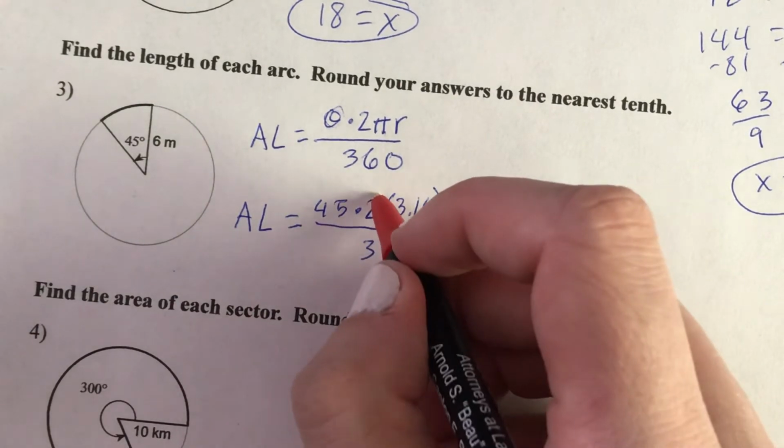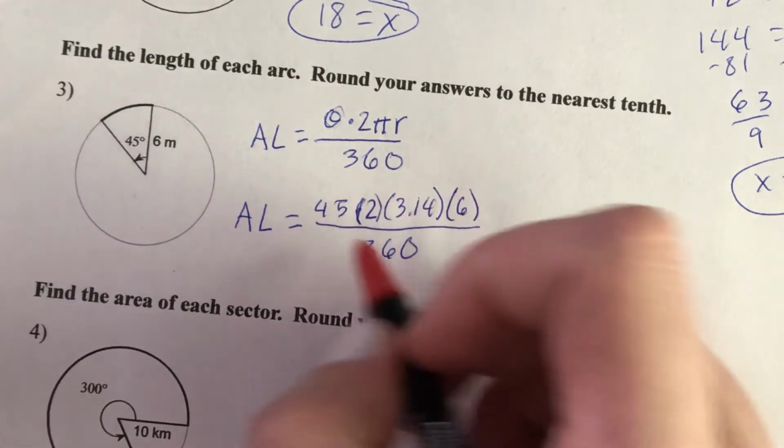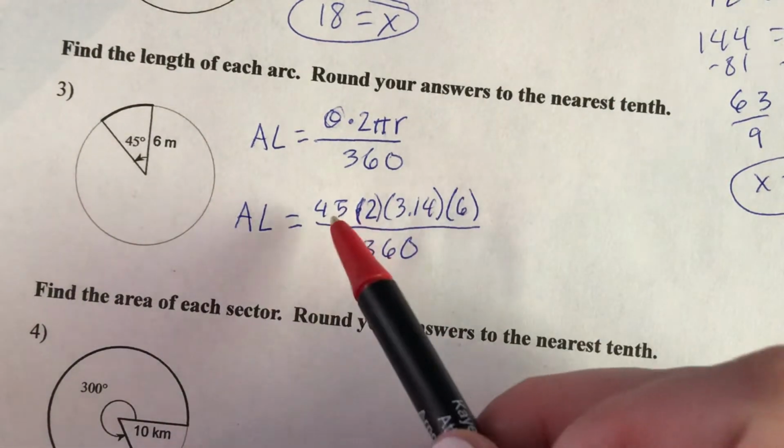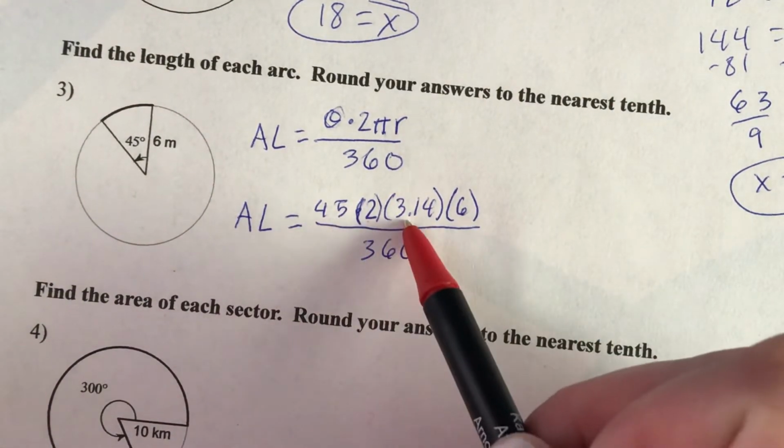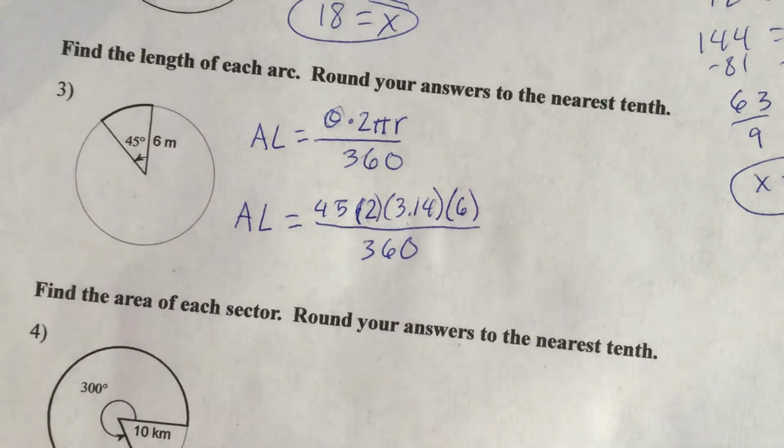Okay, and I might just keep all this in parentheses. But this is what you'll put in your calculator. Just do 40 times 2 times 3.14 times 6, and then divide that by 360. Hang on one second while I multiply all these together.